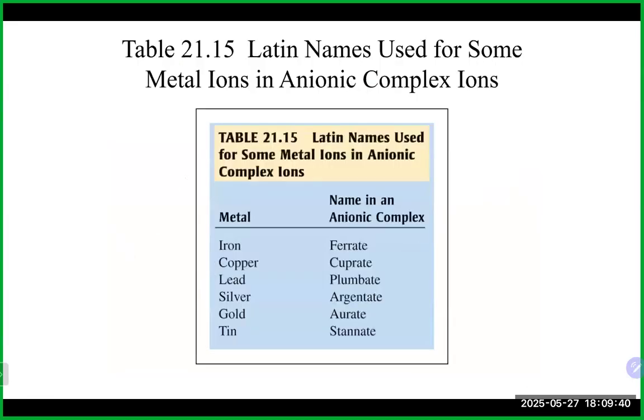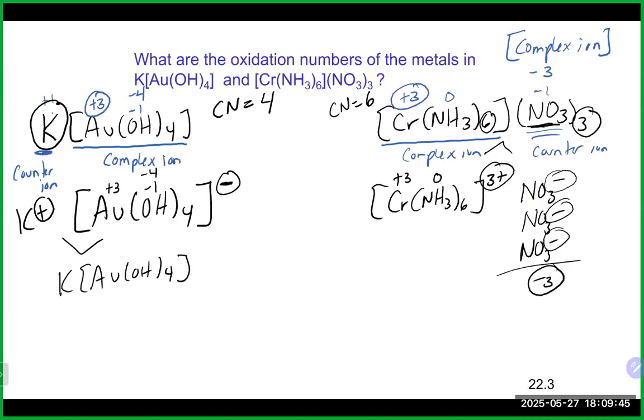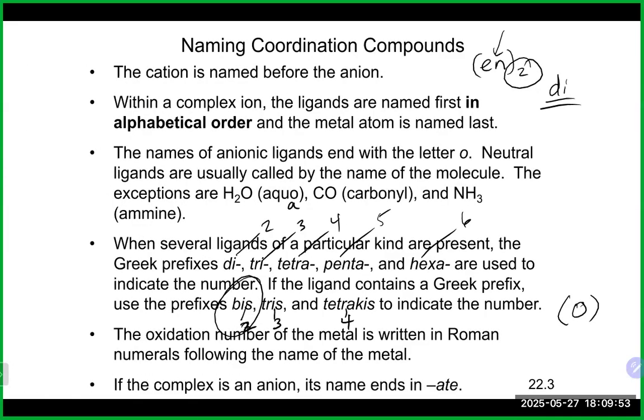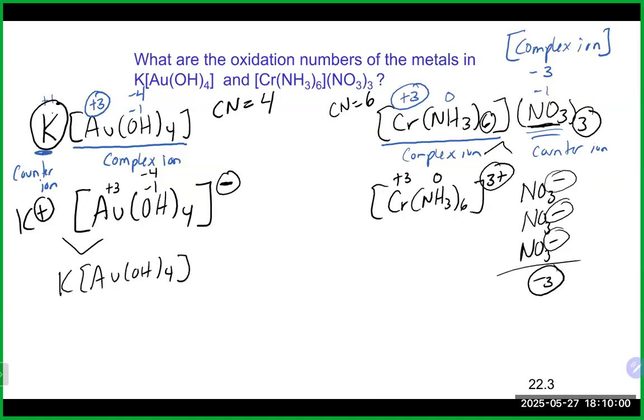So for example, if we went back and looked at those previous ones, we've got this guy here. I'll do it here, I've got some room. All right, so let's say we wanted to name these.